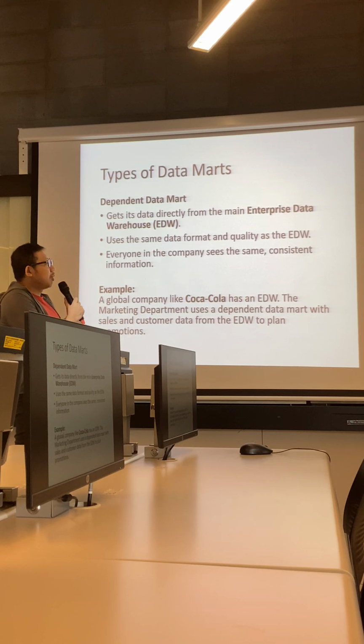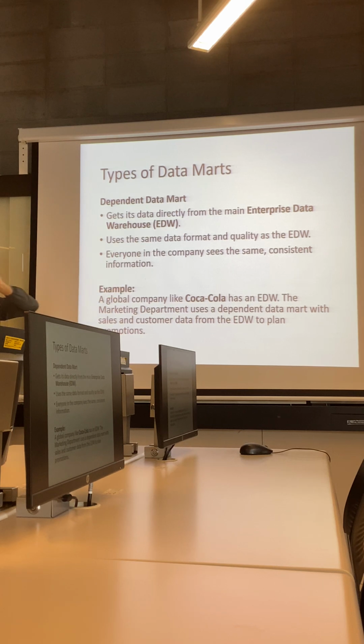It uses the same data format and quality as the EDW, and everyone in the company sees the same consistent information. When I was working, my company also had this kind of data. We had a shared folder, so everyone could see the folder. In the meeting, we could refer to the same folder.